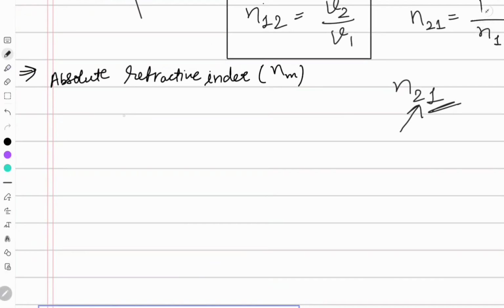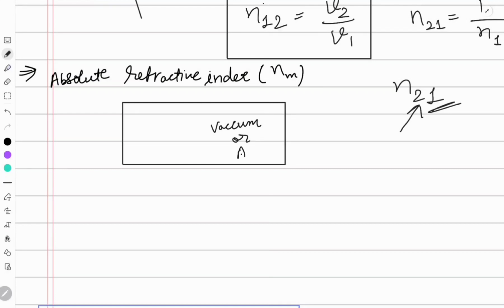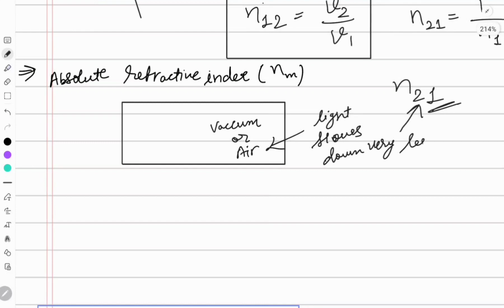we took the first medium as vacuum or even air, because in air also light slows down very less. So air is as good as vacuum when it comes to refraction of light, right? So this particular thing is clear, right?